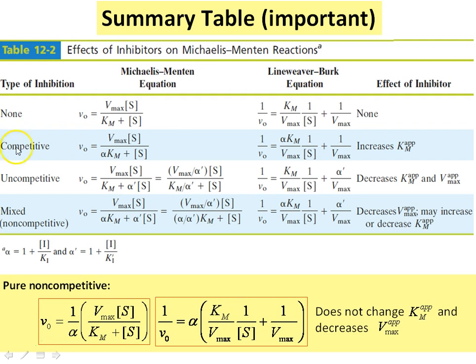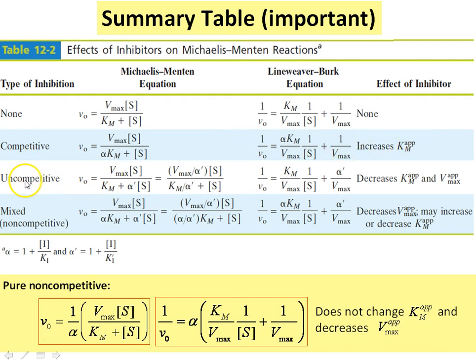In the competitive type of inhibition, this is the equation, similar to the Michaelis-Menten, but you have an apparent Michaelis constant, alpha Km, and if you take the double reciprocal of this equation and look at the plot, you will find that the inhibitor increases the apparent Michaelis constant. However, it does not affect the maximum velocity of the reaction, since the intercept in the Lineweaver-Burk plot is the same with or without inhibitor.